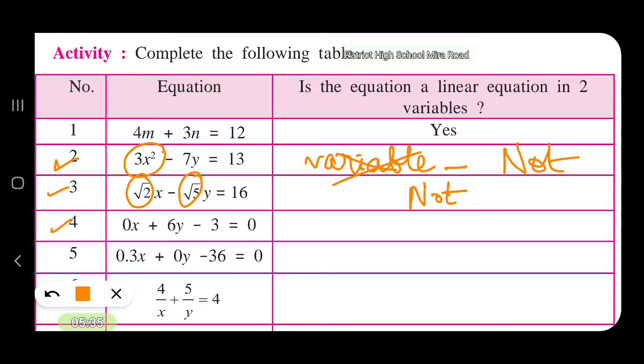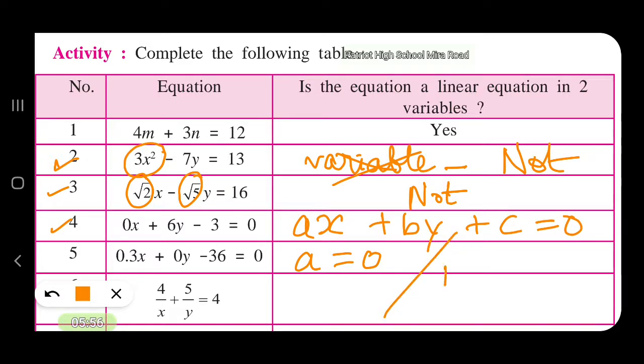Fourth sum, if we compare it with ax plus by plus c is equal to 0, we have a is equal to 0. It does not satisfy the condition for a linear equation in two variables. So the fourth one is not a linear equation in two variables.